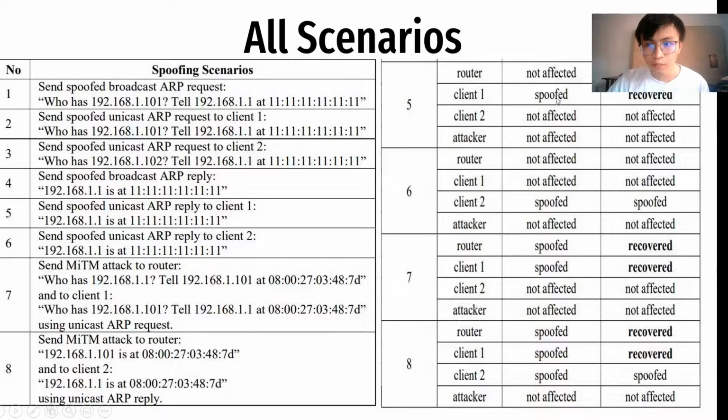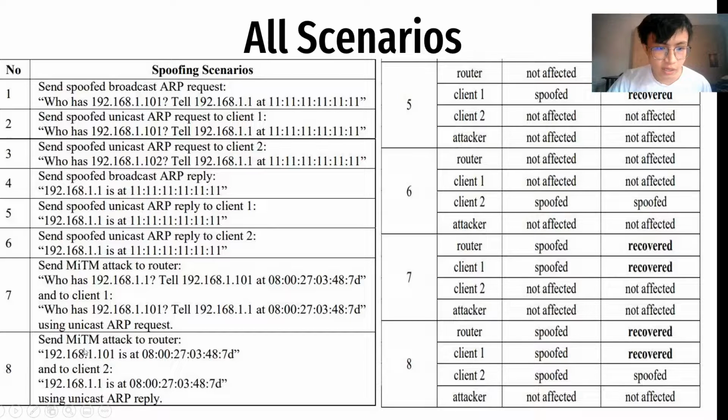So client 1 is spoofed and also recovers, but for scenario 6, client 2 is spoofed and does not recover. Number 7 is the MITM attack on the router and client 1. So the router and client 1 are spoofed, then both of them recover.